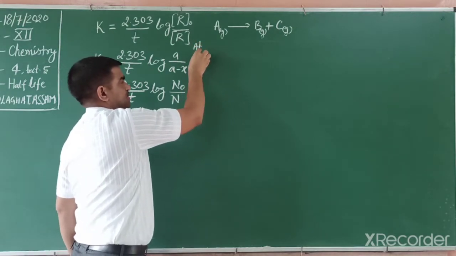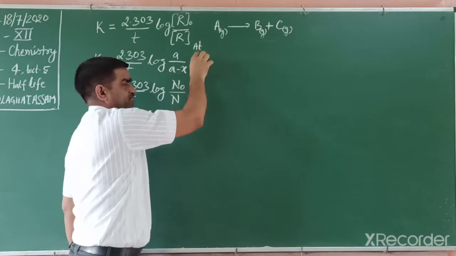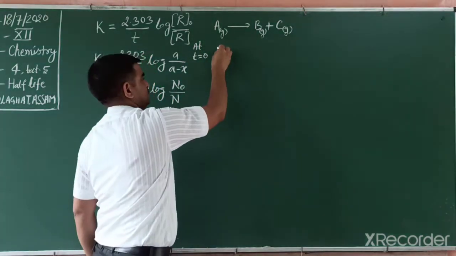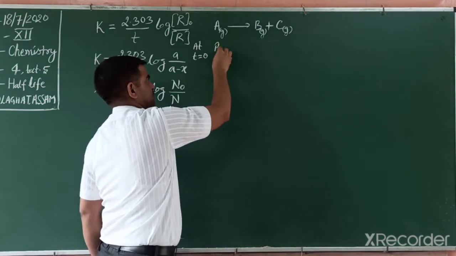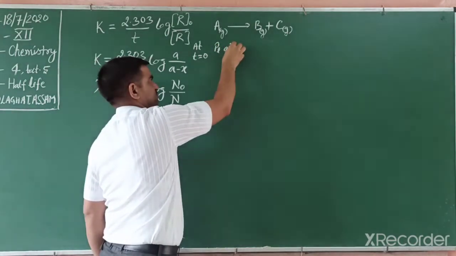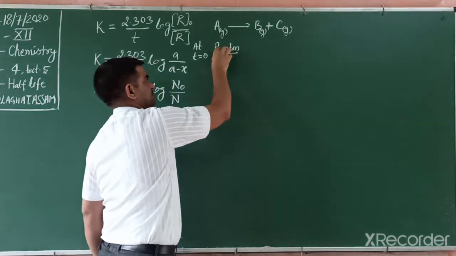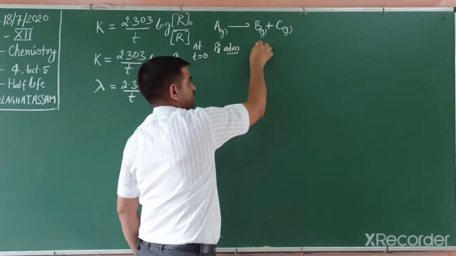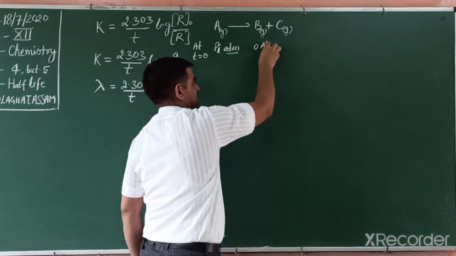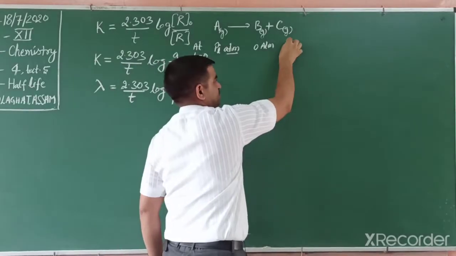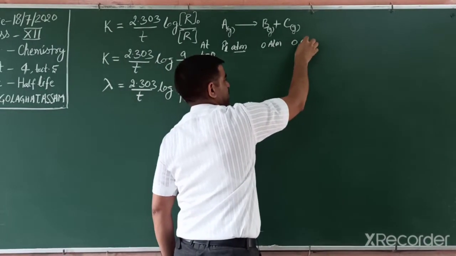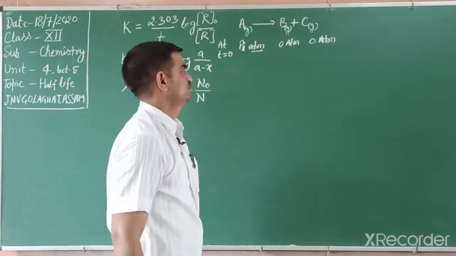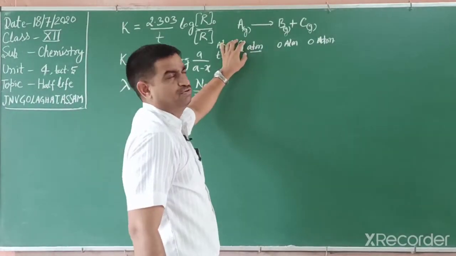At time t equal to 0, when the reaction has not started, we can say the initial pressure is Pi atmosphere, and the products have 0 atmosphere. Why is it 0 atmosphere? Because the product is not formed when t is equal to 0.